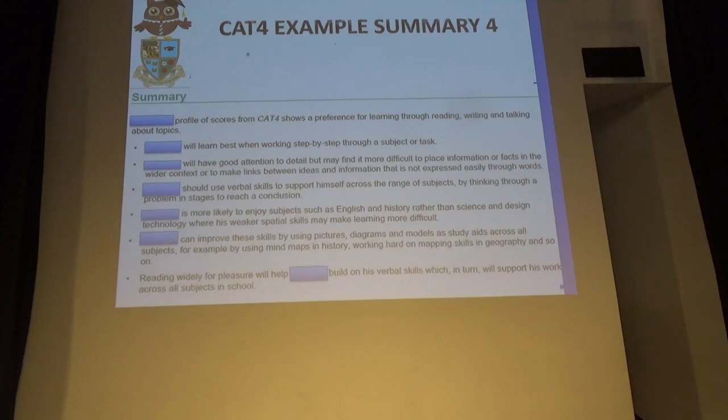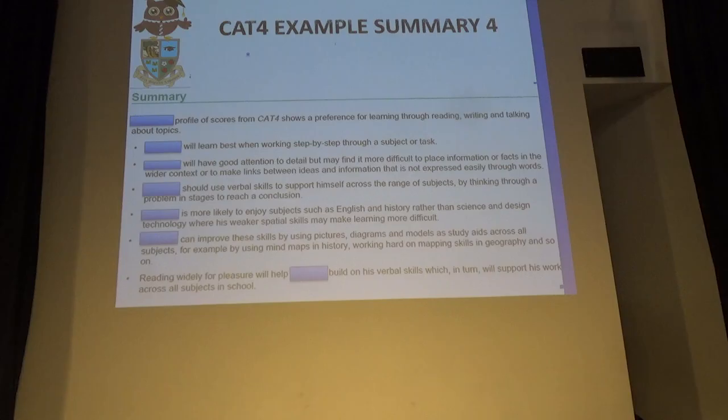This one shows more of a higher verbal ability. And so if a child is struggling with something, then working through it step by step is definitely going to help, because that will support their higher verbal ability.